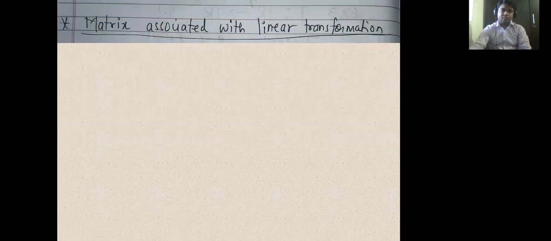Then, if time permits, we will find the rank and nullity of that associated matrix, meaning how to find the rank and nullity for a matrix. That technique we will see.